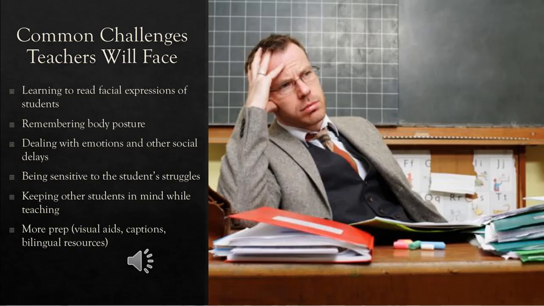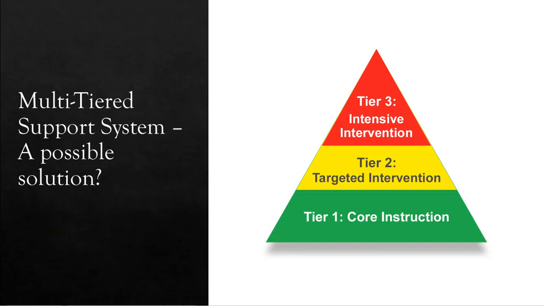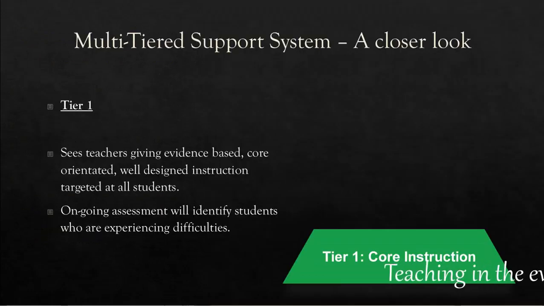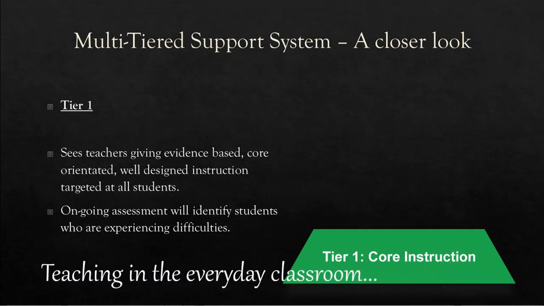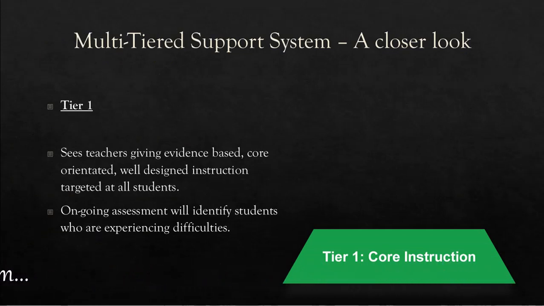From my personal experience, ELLs with learning disabilities are often included into regular ELL classes. This is where a multi-tiered support system would come in handy. Tier 1 would see teachers giving evidence-based, core-oriented and well-designed instruction targeted at all the students. The ongoing assessment will identify students who are experiencing difficulties.